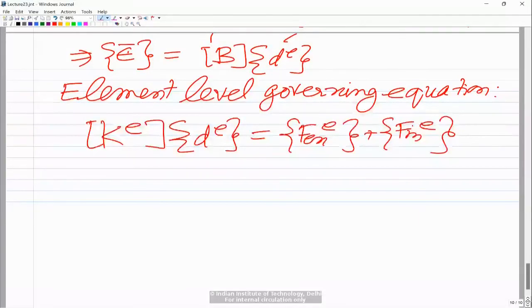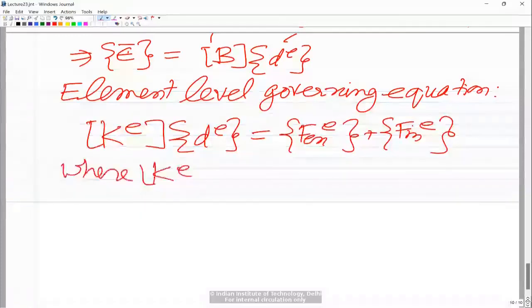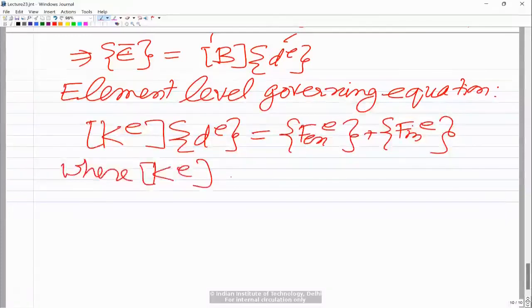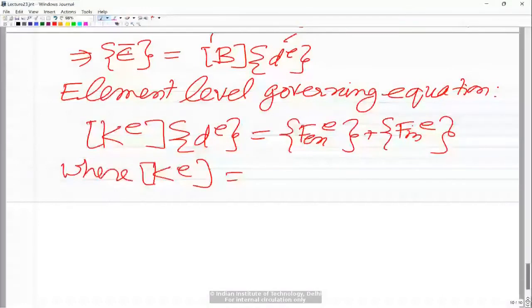So now let me define the various matrices first. For the K e, instead of carrying out the integration with respect to x y, we convert this, because all the shape functions are written in terms of natural coordinates xi and eta, and similarly the B matrix is written in terms of natural coordinates xi and eta.